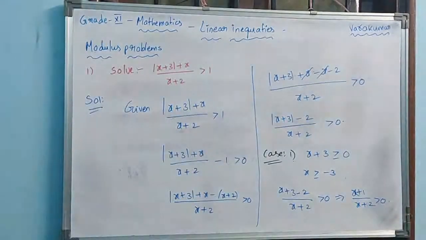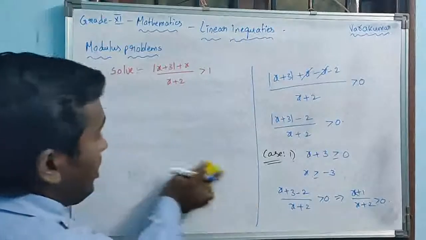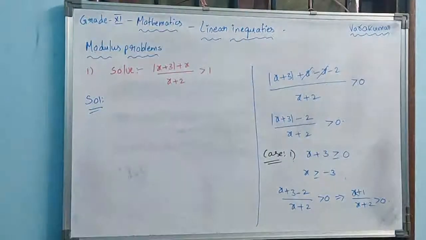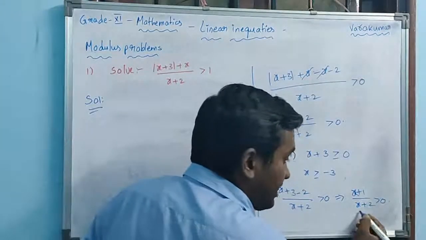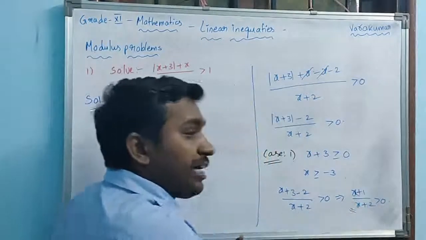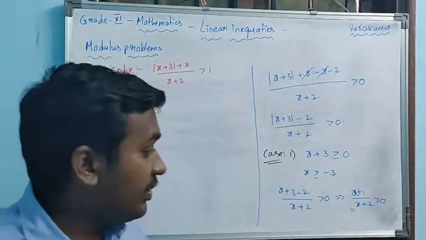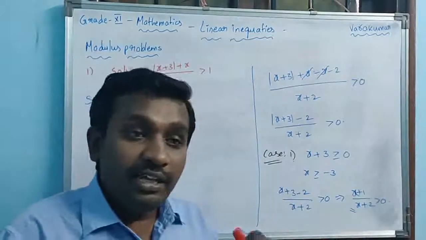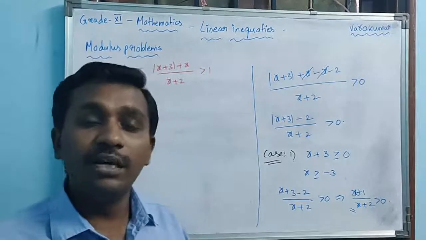In earlier videos we learned how to simplify a fractional inequality. Here (x + 1)/(x + 2) > 0 means the fraction is positive, so both numerator and denominator are positive or both are negative. Since it is greater than 0, the value of x does not lie between the critical points.